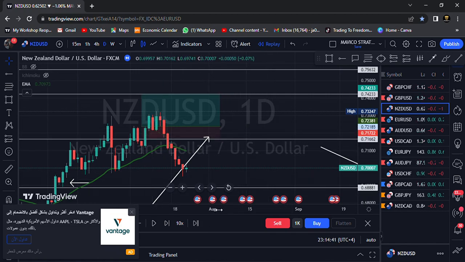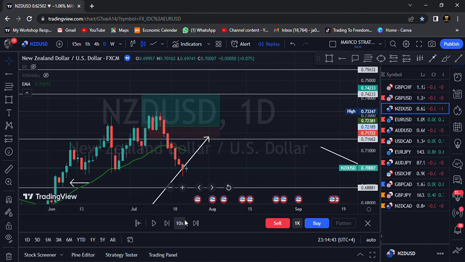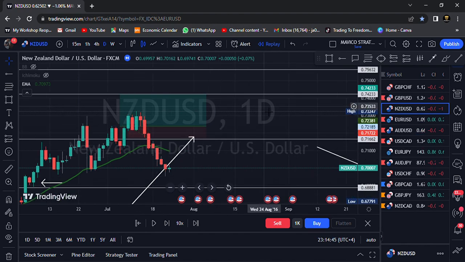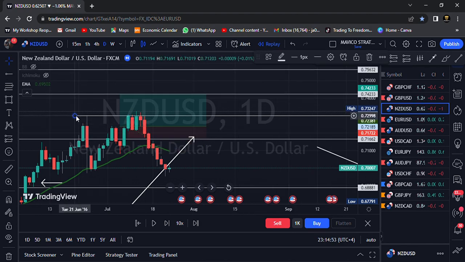By the way, the nearest level to take profit was not even this one, it should have been this one that was created just recently, unless we are greedy. Because with this hammer here, you enter here, you will be expecting to take profit up here at the next level. So we could still say it was a good trade.